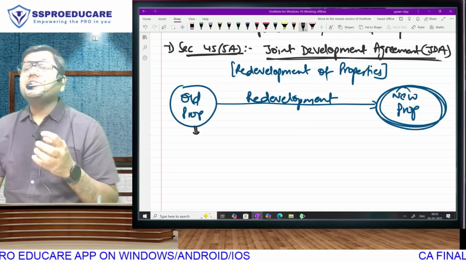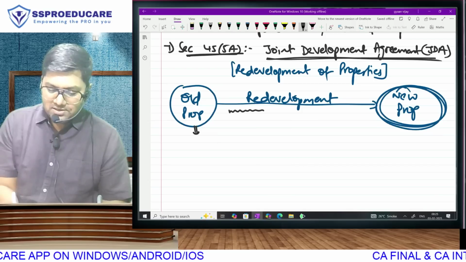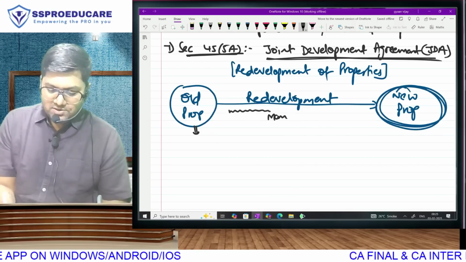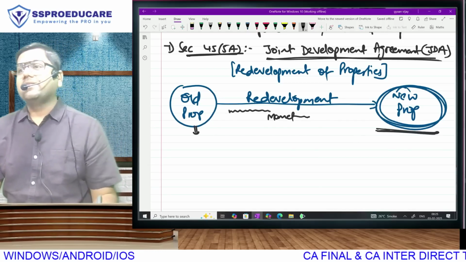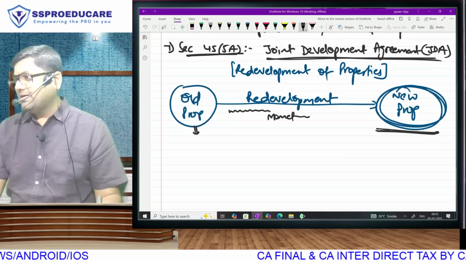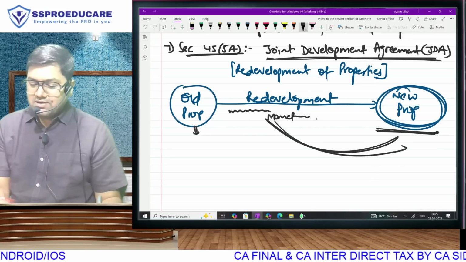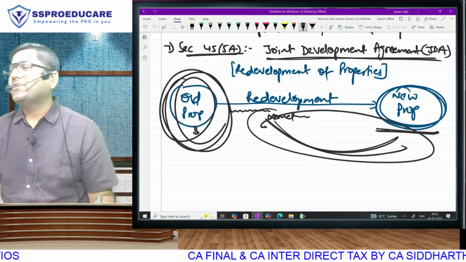And as a consideration, you are getting two things. One, you are getting some monetary compensation. And two, you will be getting the new property the day it is ready. And these two together are acting as the selling price of your old asset.